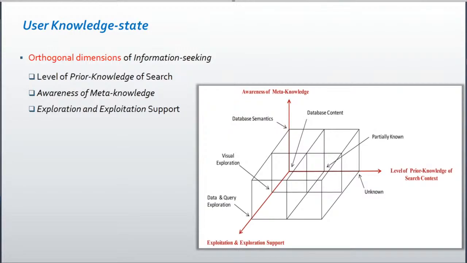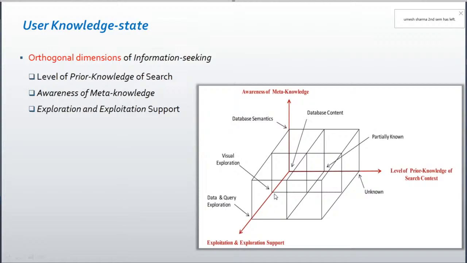So in this direction, exploitation and exploration, a system might have the capability to simply retrieve the database content, right? The system is able to provide some kind of visual list of objects, visual features to explore or to exploit the data. And at the maximum level, the system might have the capability to provide data and query exploration, right?